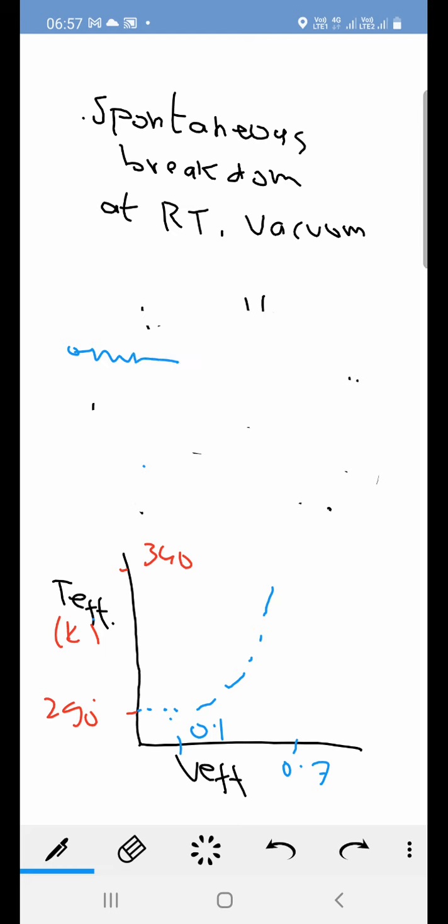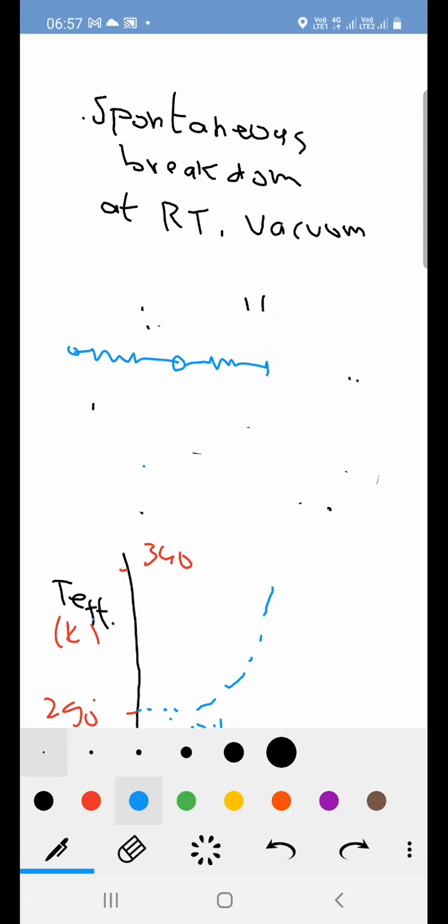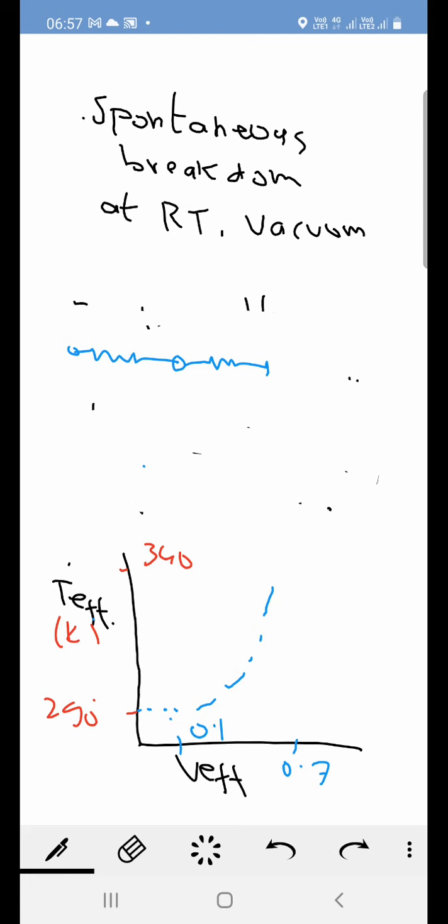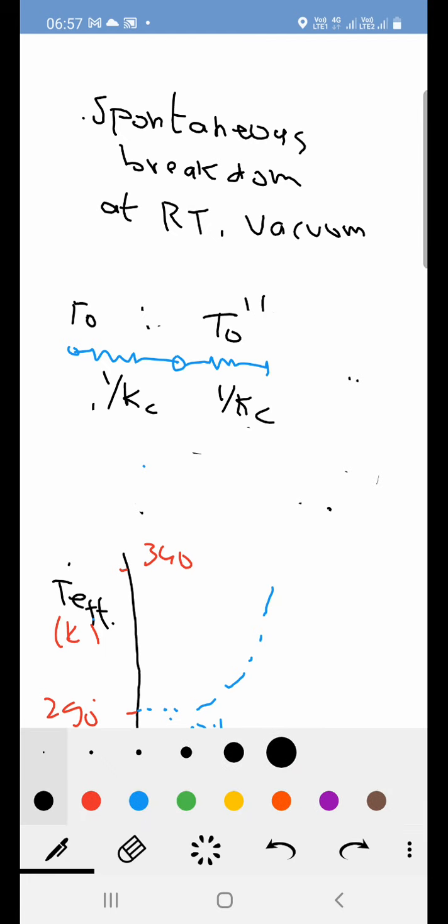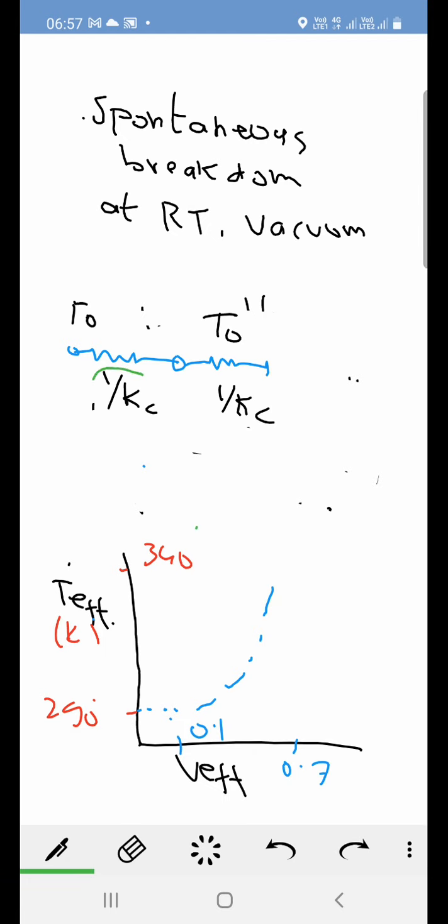This is 1 by Kc. For the first part of the junction, there is formation of junction, right? So there is an initial temperature T0 associated with the first part, T0 and T0, and these are 1 by Kc and 1 by Kc. So there is formation of junction here. So 1 by Kc is nothing but the thermal resistance.